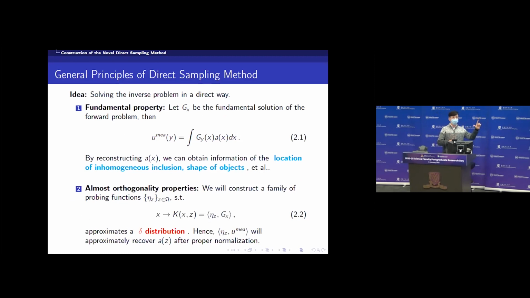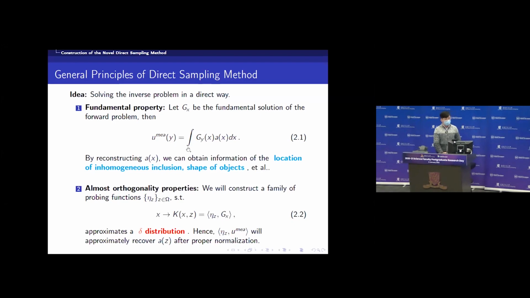If the coupling between the probing function eta and the Green's function, or the fundamental solution, is something like a Dirac distribution, which is something like infinity at one point and 0 in all other places, then we can recover the target function by the coupling between the measurement data and the probing function. So now our task is to define what the coupling, the bracket here, is, and also what the probing function is.